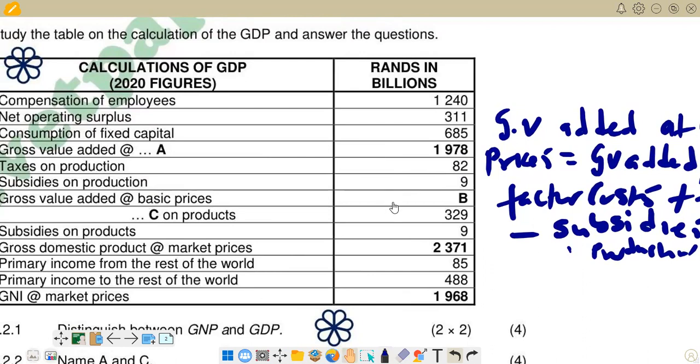Then we are subtracting subsidies, the subsidies that we have. Let's see where we have the subsidies.